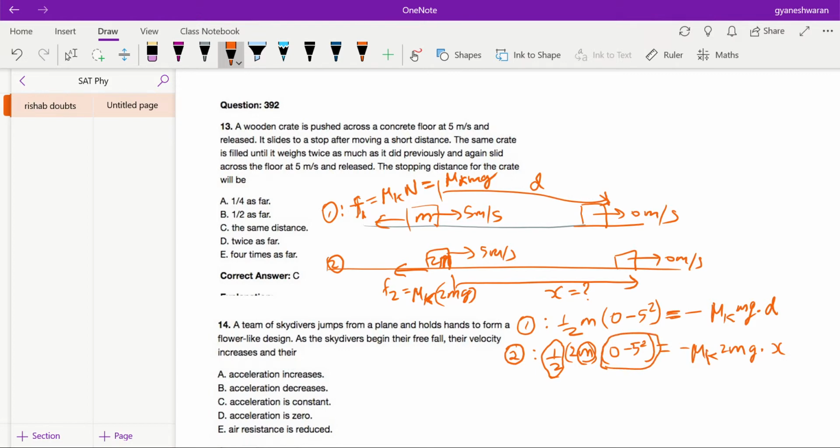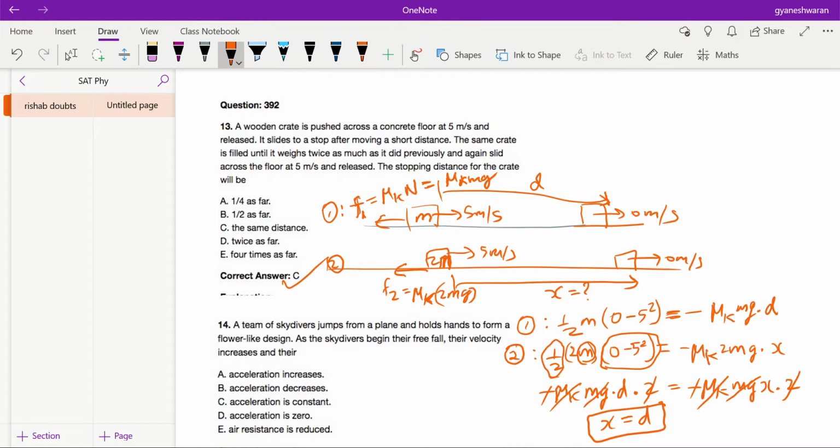So replacing it, minus mu k mgd into 2 is equal to minus mu k mgx into 2. So 2 mu k mg will cancel out, minus will also cancel out, and you are left with x equals d. That's why your correct answer is supposed to be C, which is the same distance.